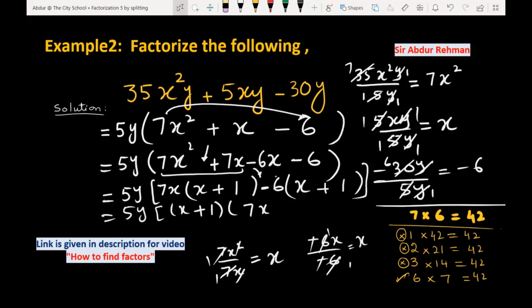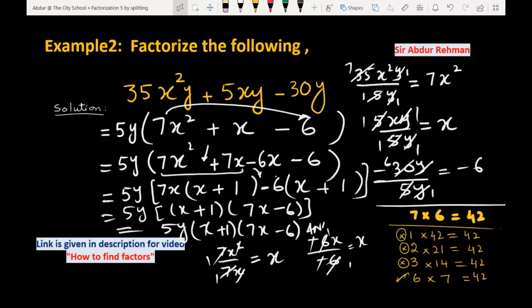The second factor is 7x, sorry, minus 6. So the factors will be x plus 1 times 7x minus 6.